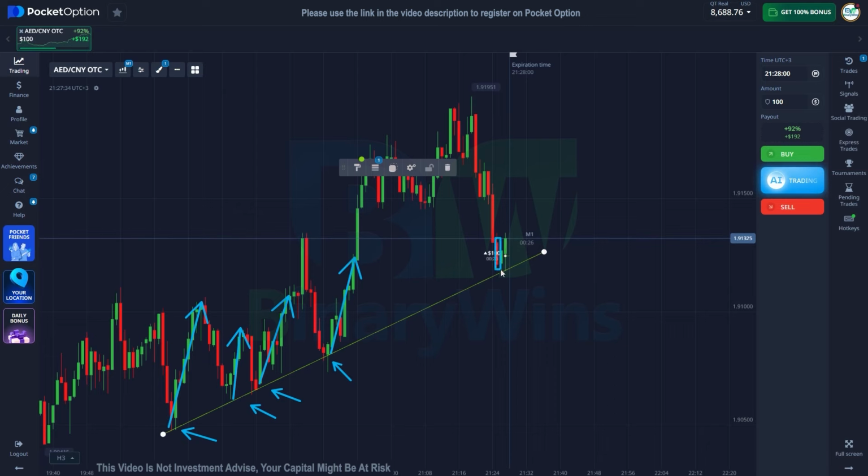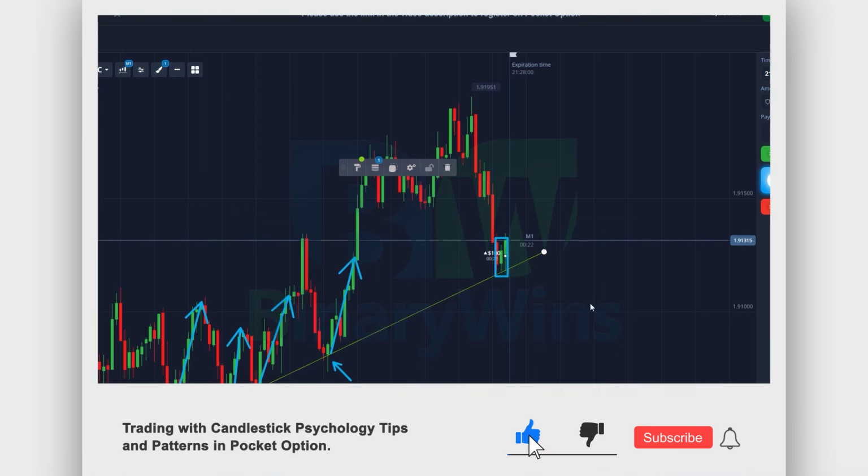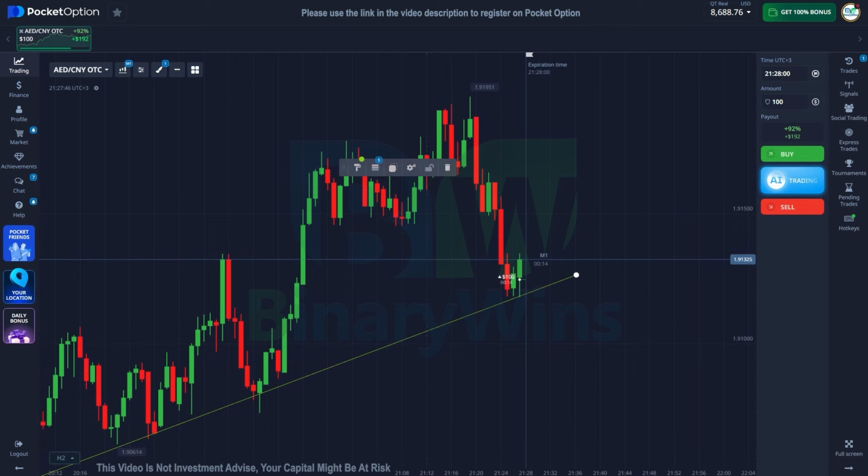Next to it, a green candlestick formed on the trend line and received pressure and rejection from the trend line. That's why I entered the higher trade. We wait for the position to be closed.